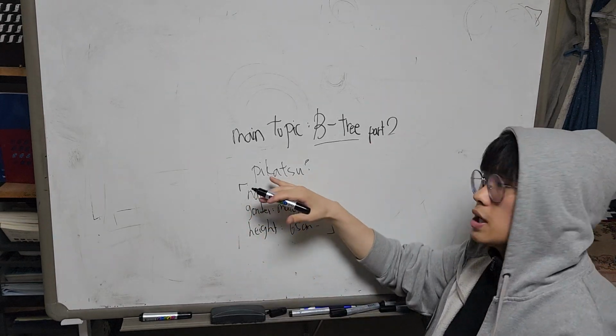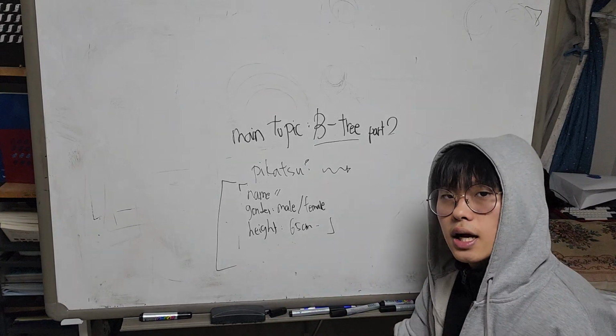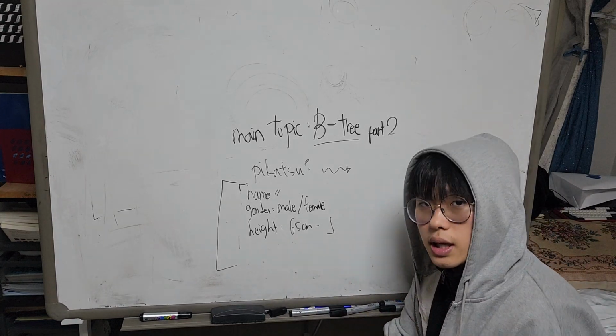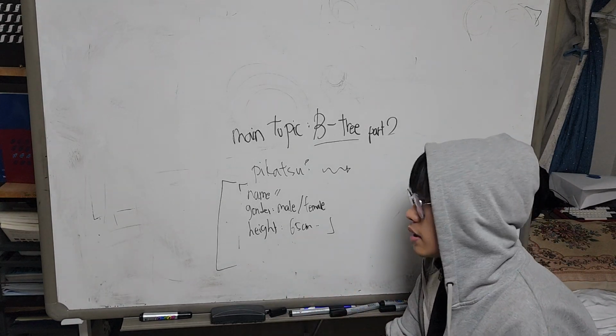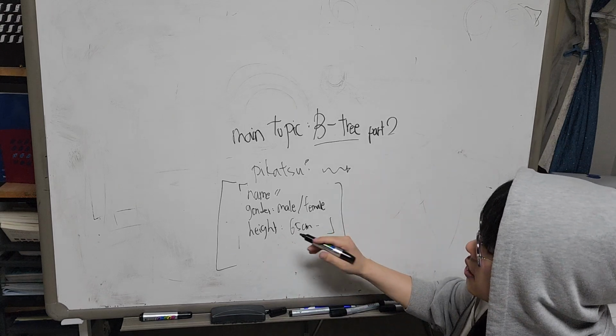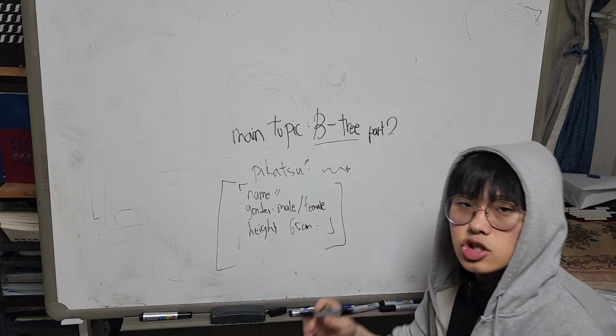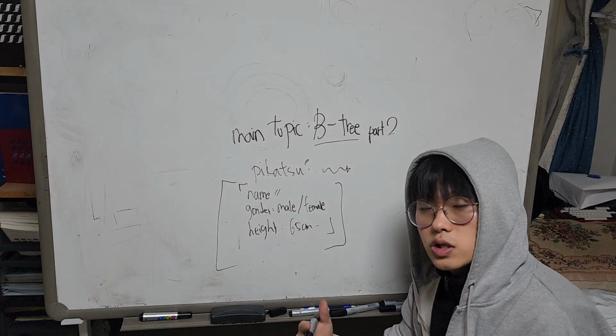Every Pokemon should have this kind of unit of data, and this is called the record. I talked about this in the last video, but let's recap it. The important thing about the record is that it has to have a key. What do I mean by the key?